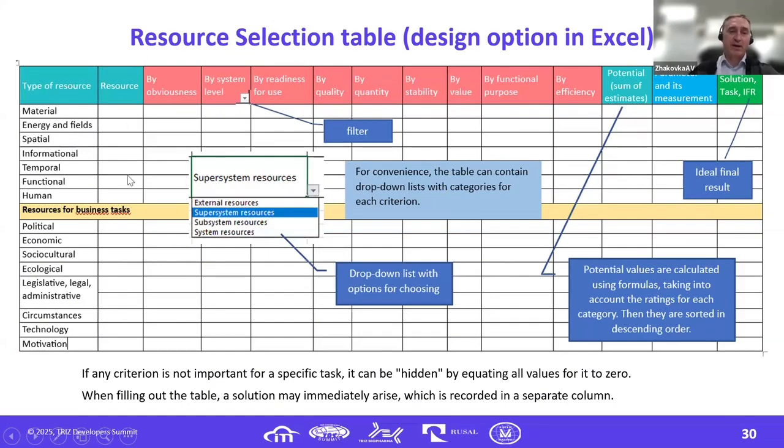Then after that, we create a very long list of such resources in the Excel tool. We have these drop-down menus, drop-down lists, and for each resource we can classify them quite easily. So we can categorize them very easily and split them into categories.